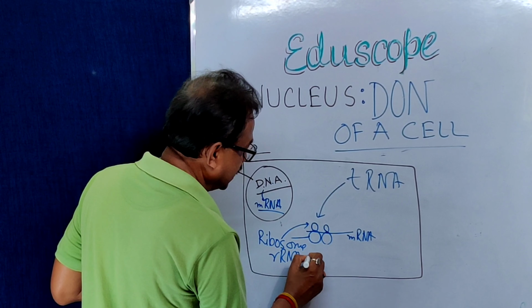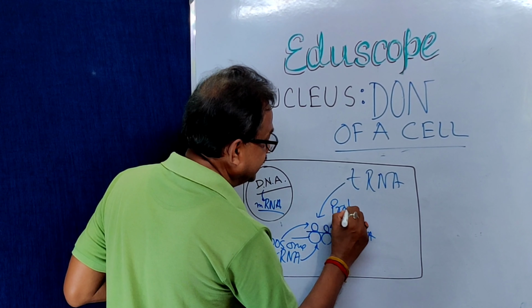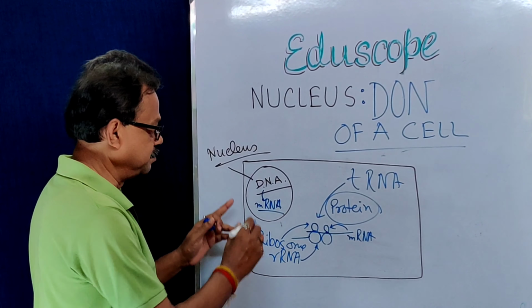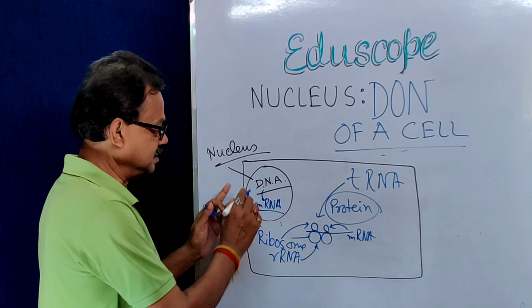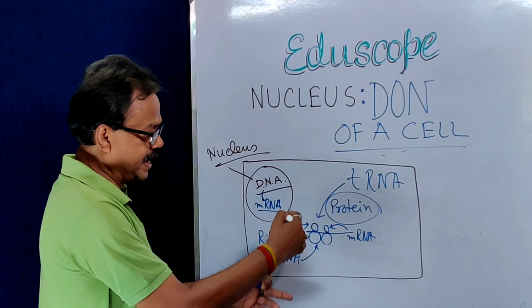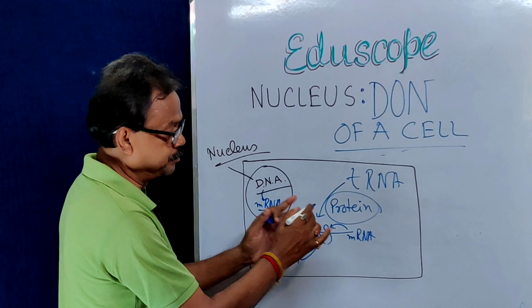Ribosome, rRNA, and mRNA help to produce protein. Protein is formed by the instruction of DNA, which DNA sends through mRNA. mRNA comes to the cytoplasm, and with the help of ribosome, rRNA, mRNA and tRNA, protein is produced.